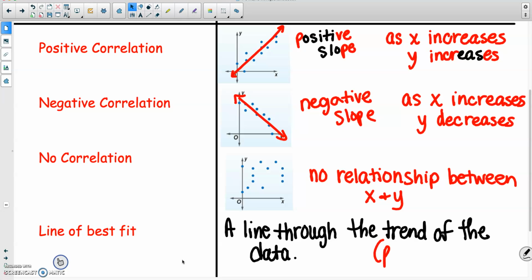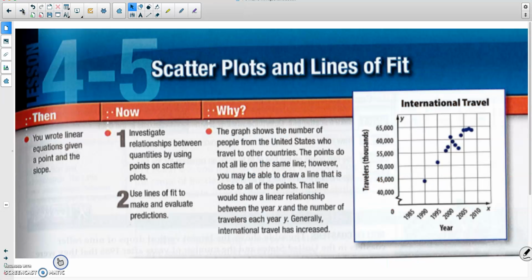So trend as in like the pattern, and it has to be a line, like a straight line. It's not dot to dot. So you're not connecting one dot to another. Your line of best fit might go through some of the dots on the scatter plot, but it doesn't have to. It doesn't have to go through any of them, but it's like an average line.